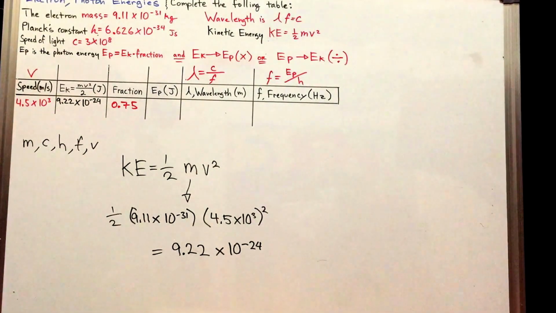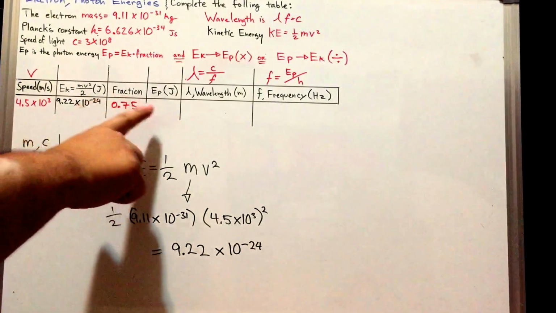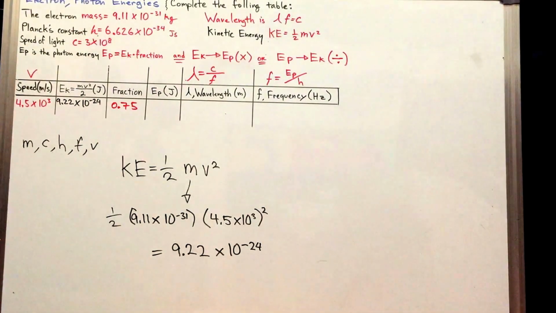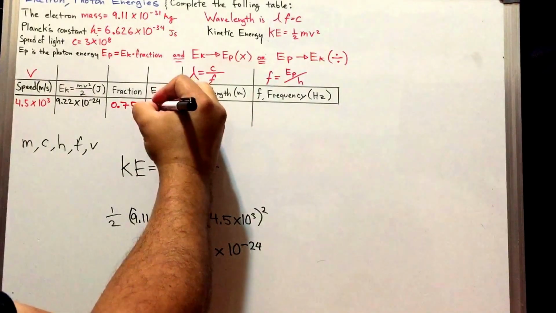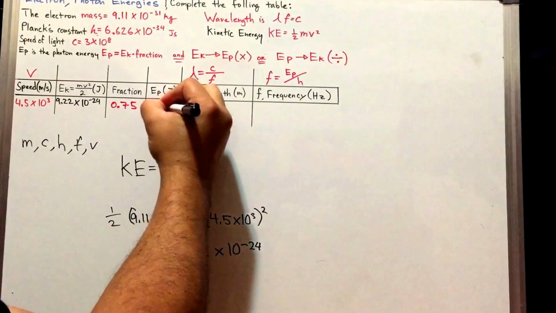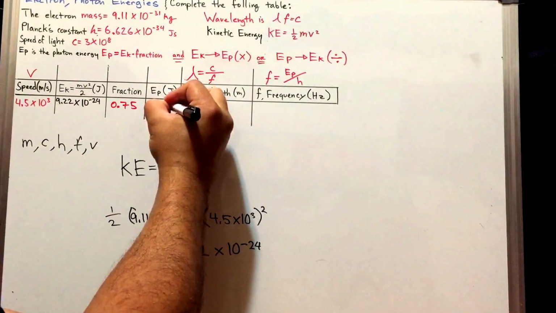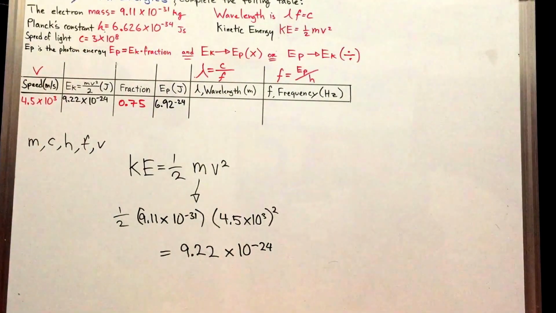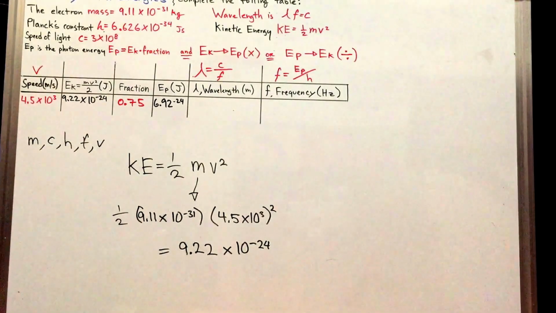So let's go ahead and multiply that out. You just have to multiply these two here to get the energy photon. 9.22 EE negative 24 times 0.75, and you should have gotten 6.92 times 10 to the negative 24.